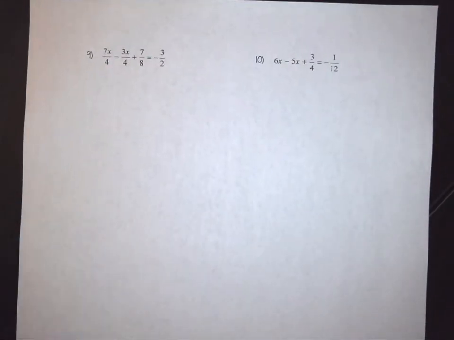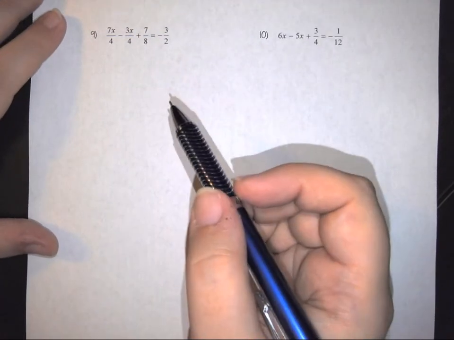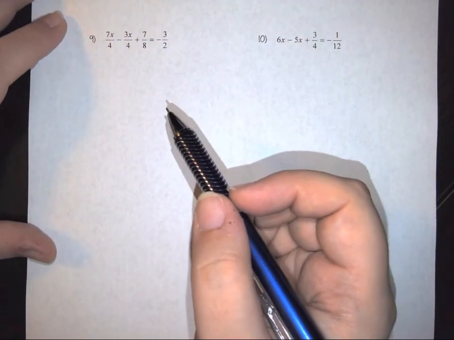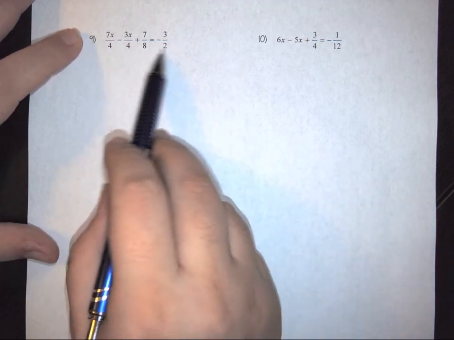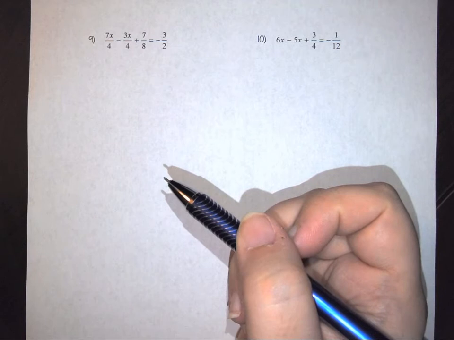So now for the challenging ones. For this first one, notice all 4 of them are fractions. So when we first start out, the easiest thing to do is to find a common denominator across all of them. Your goal is to get rid of the fractions so you just have a linear equation to work with.